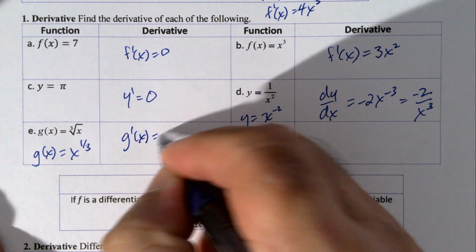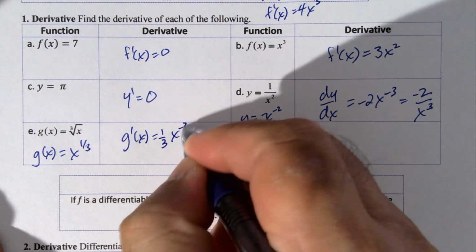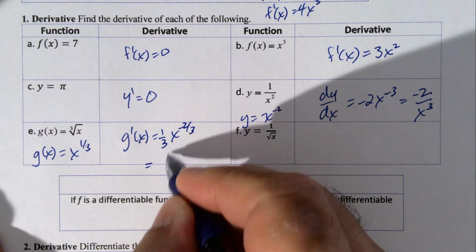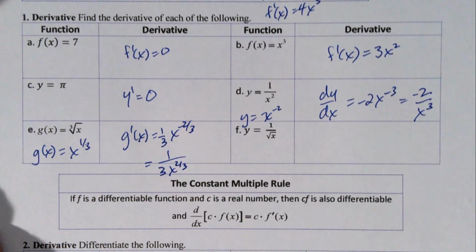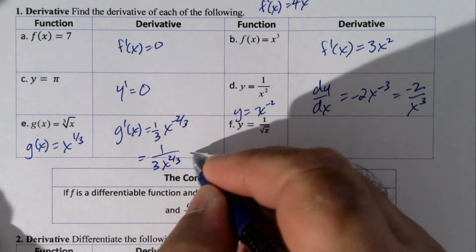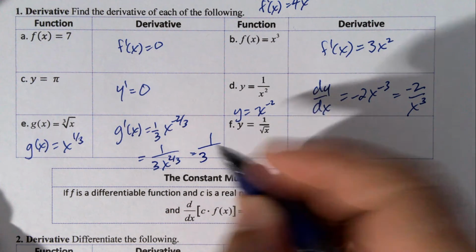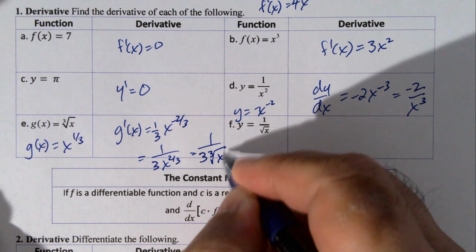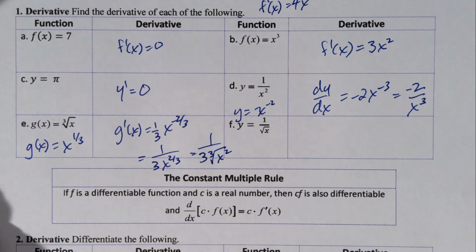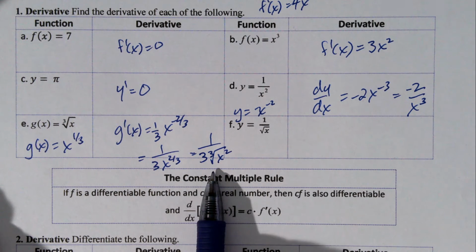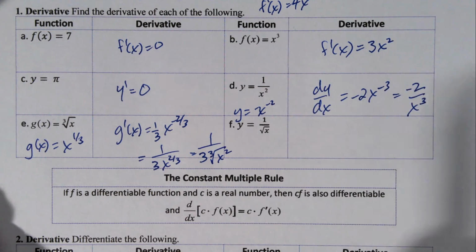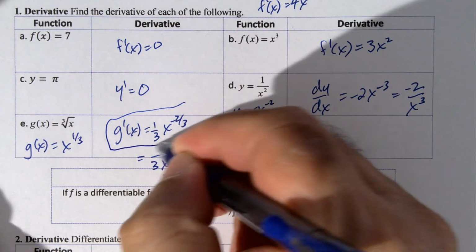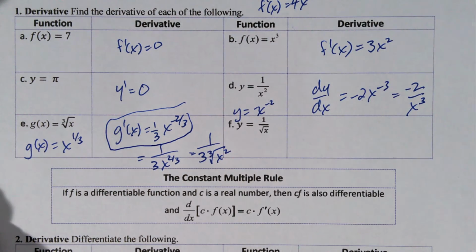So it's 1/3 x to the negative 2/3, which would be 1 over 3 x to the positive 2/3 in the denominator. If they get really finicky, that would be the cube root of x squared. Make sure you understand the algebra there. That's algebra. I'm only showing one calculus step. This is the calculus step. The rest of it is just algebra.